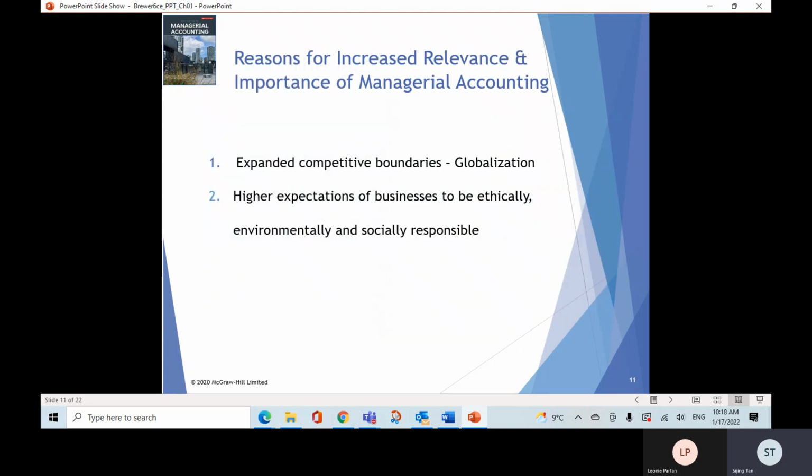Now, for the next two, we want to talk about the reasons for the increased relevance and importance of managerial accounting. The impact of globalization. Over the past 3 decades, there has been a significant increase in worldwide competition in many industries. An organization that is successful in its local market might face competition from other organizations in other parts of the globe.